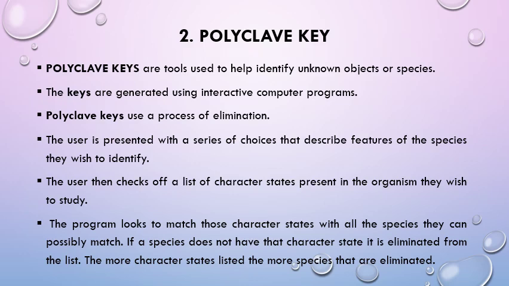If a species does not have the character state, it is eliminated from the list. The more states listed, the more species that are eliminated. So by using the computer, we can compare the choices which we have made with the other species, and then we can identify our organism.